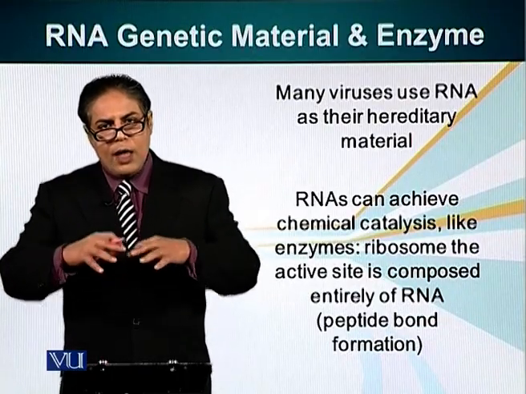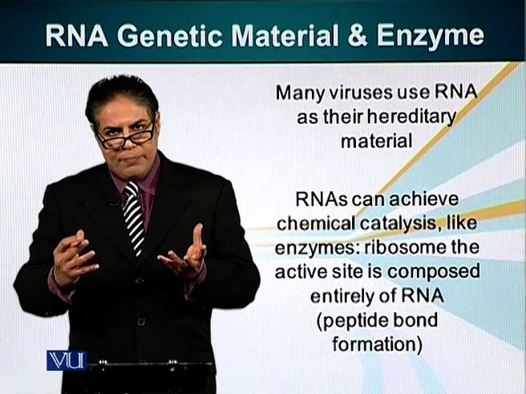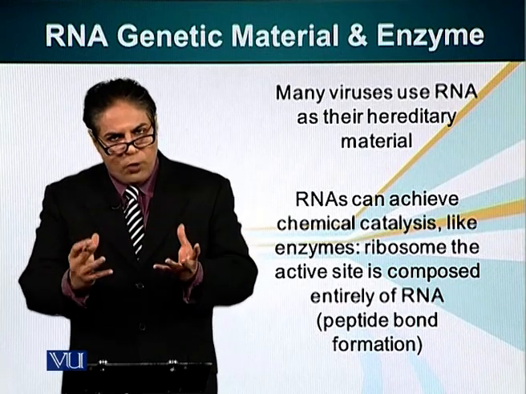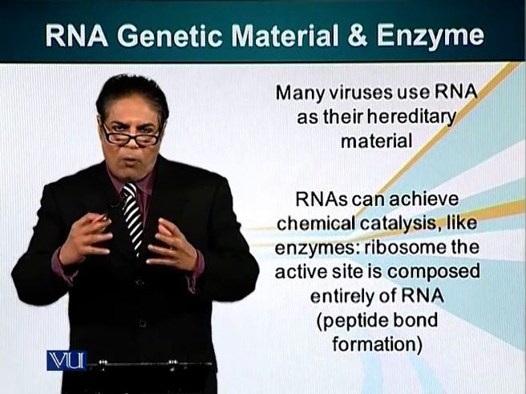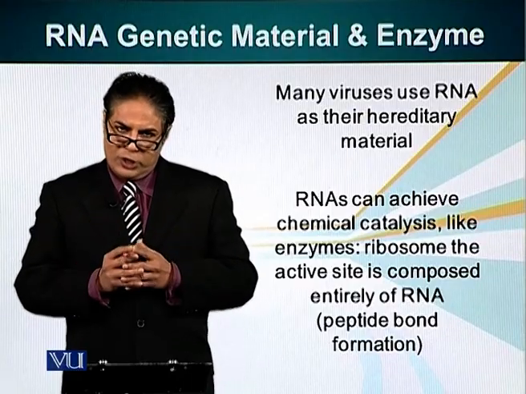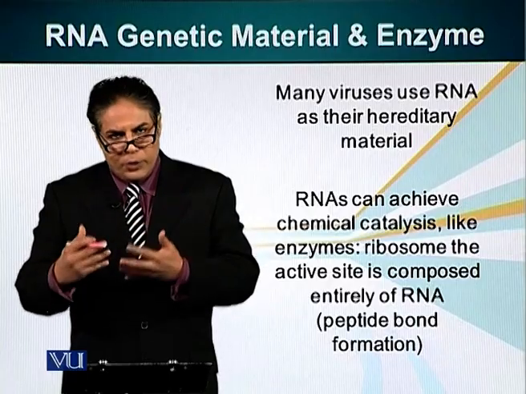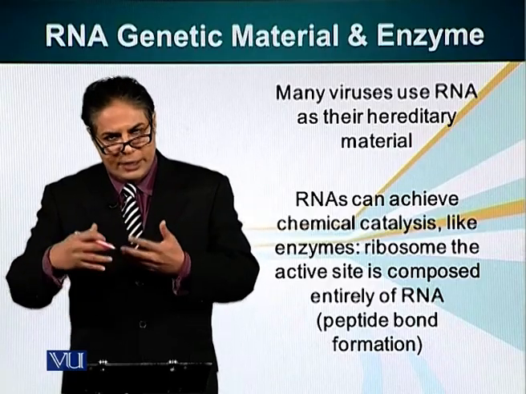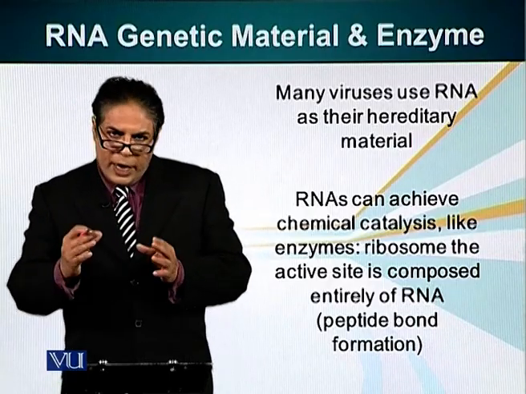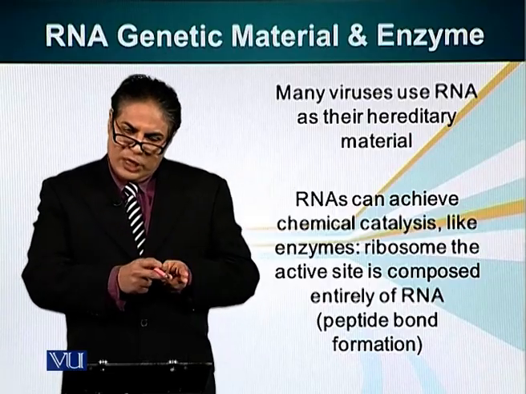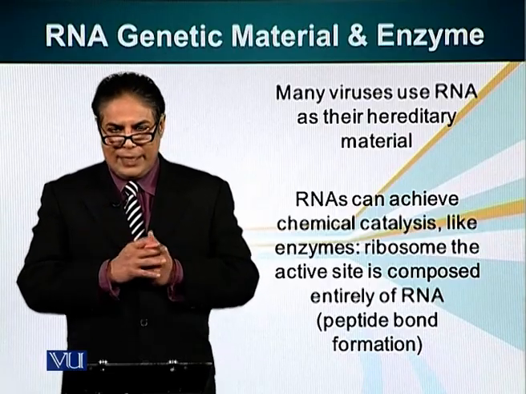RNA, as we saw, is a single-stranded entity. It can fold on itself and it can form complex three-dimensional structures. Also, it is a polymer of nucleotides. So it can code genetic information and has enzymatic activity.